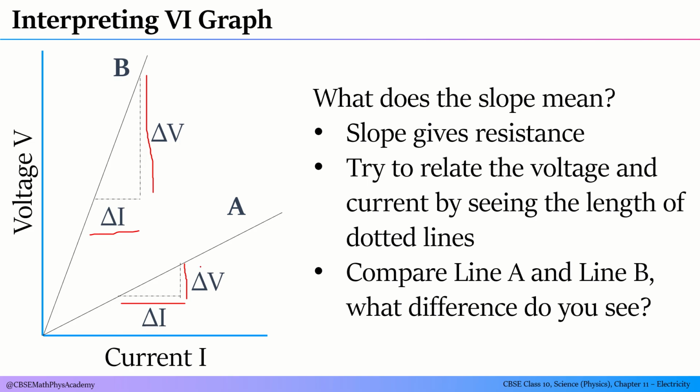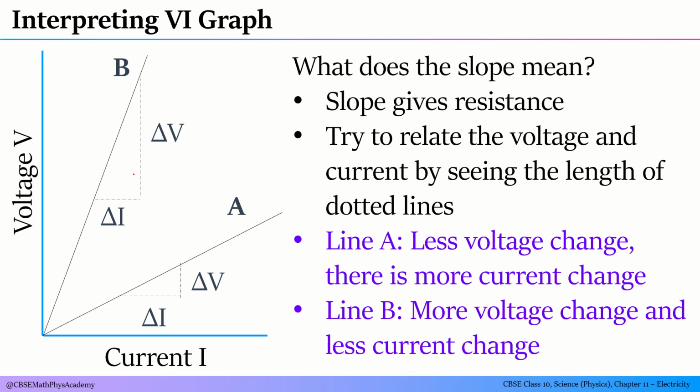Looking at the dotted lines, you should be able to make some inference. Let me take line A. There is a small voltage change, but the current changes more. It means that for the smallest change in voltage, there is a huge flow of current. So this reflects low resistance, a path of low resistance.